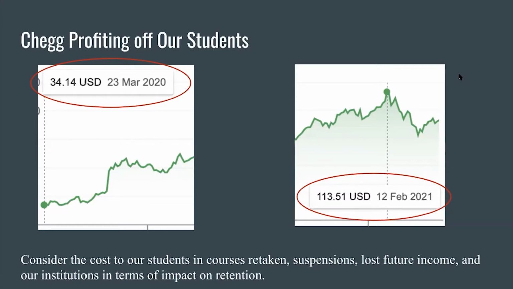And this doesn't factor in a fraction of the cost, because you can consider the cost to our students in terms of the courses they have to retake, the suspensions, lost future income, and the cost to our institutions in terms of the impact on retention. I can't even begin to figure out how to calculate that. So I did try one time.